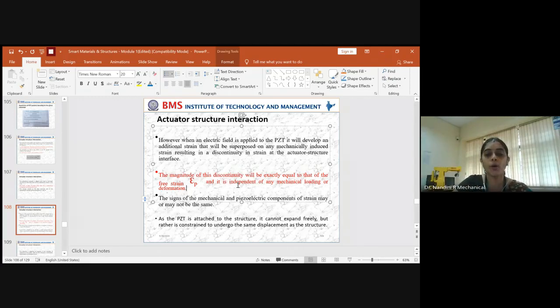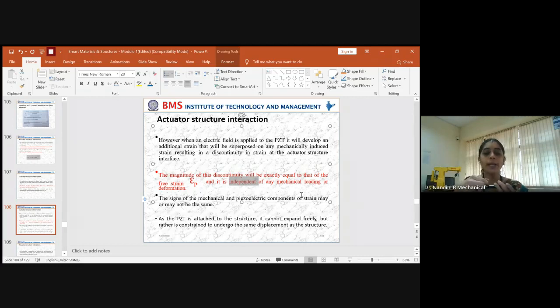And it is always independent of any mechanical loading or deformation. This magnitude of discontinuity in the strain that you achieve is always independent of the mechanical loading or the deformation, because the structure gets deformed due to mechanical strain and the actuator gets deformed due to the piezo strain.